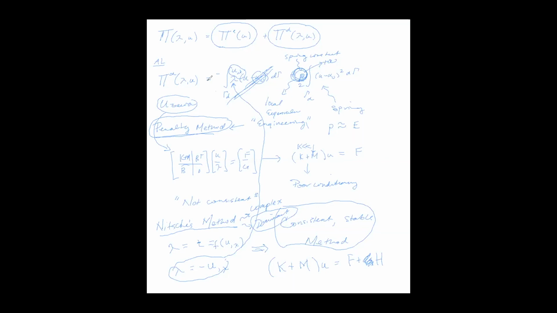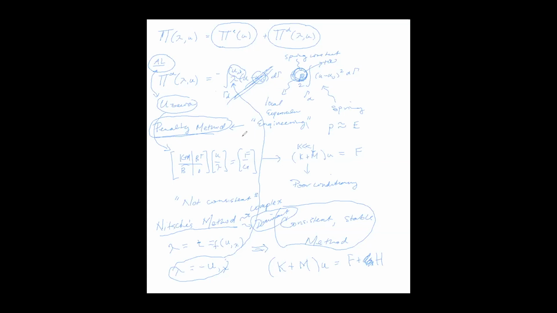But I would say that in our implementation, we favor, at least in the long term, these augmentation methods coupled with some kind of Uzawa iteration, or a Nitsche type approach where you eliminate it, but you do it in a consistent way.